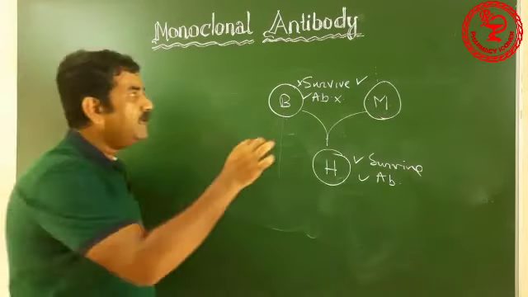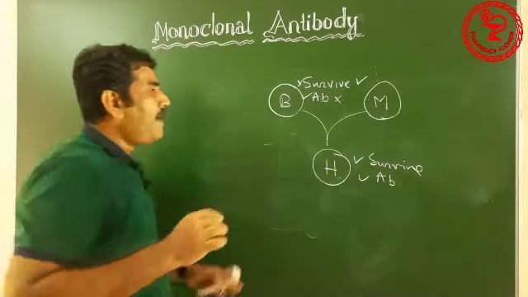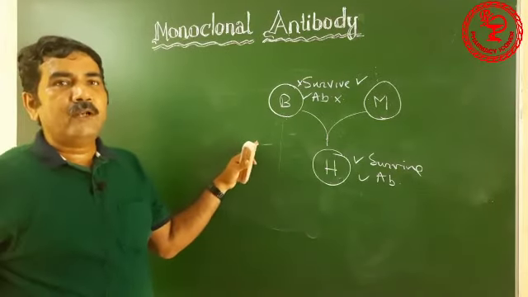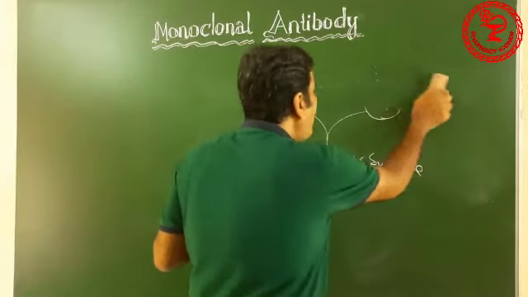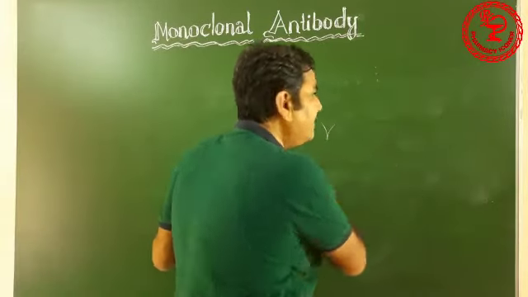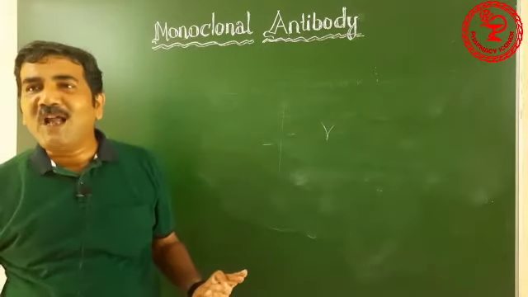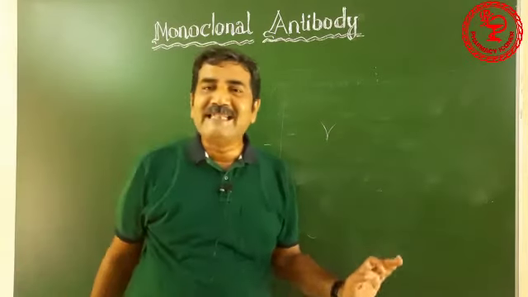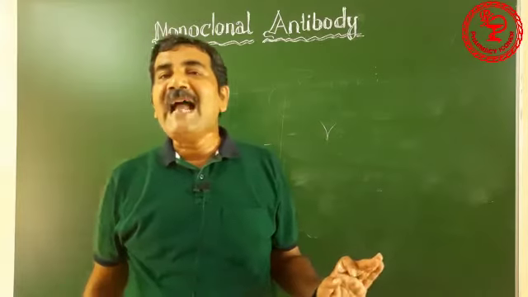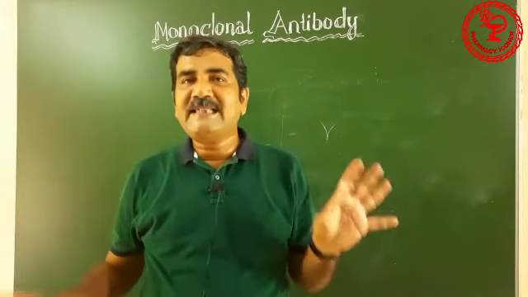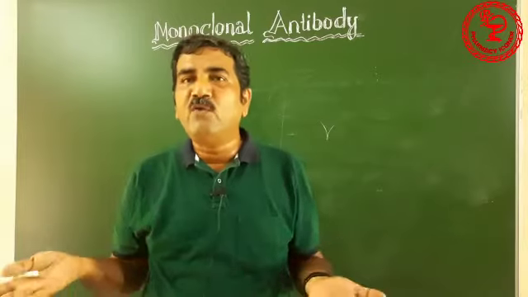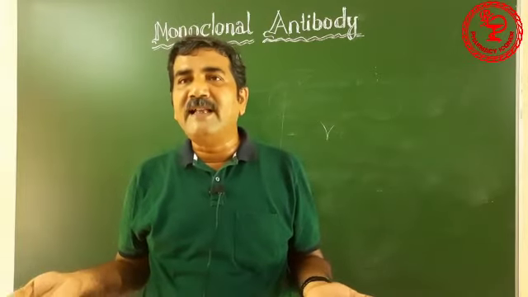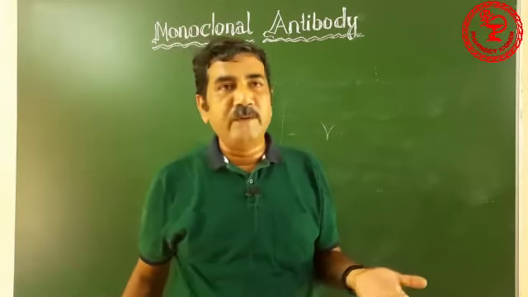This was first performed by George Kohler and Cesar Milstein in 1975. They successfully hybridized these two types of cells, and for that they won the Nobel Prize in the year 1984.